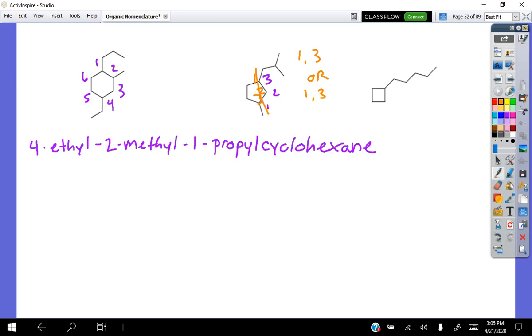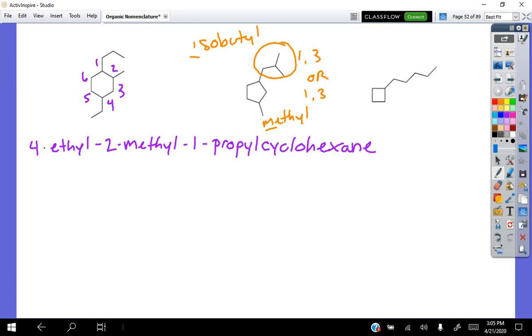The 1 is going to go to the group that comes first in the alphabet. So we first need to identify each of our groups here. My first group at the bottom is a methyl group. That's an M. This group here, it's one of my famed butyl groups that we talked about. This one is isobutyl. So with isobutyl, the iso prefix does count in our alphabetization.